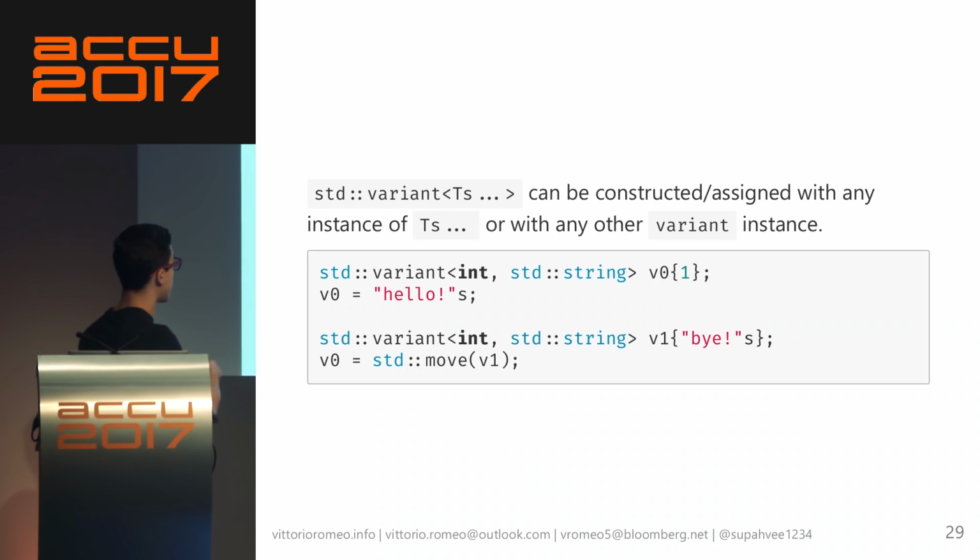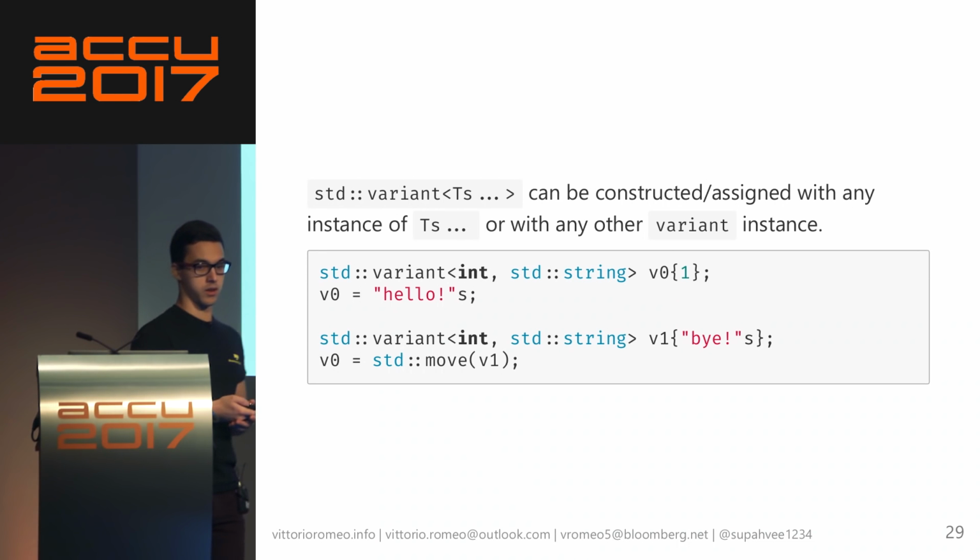So as a small example, if we have a variant between int and string, we can construct it with an int, and this will automatically set the current active type as int. But we can also assign it from a string, and it will automatically change its internal state. Likewise, we can construct it with a string, and we can assign it with another variant, and it will do the right thing. So it's very intuitive in its interface, and it doesn't require much boilerplate.